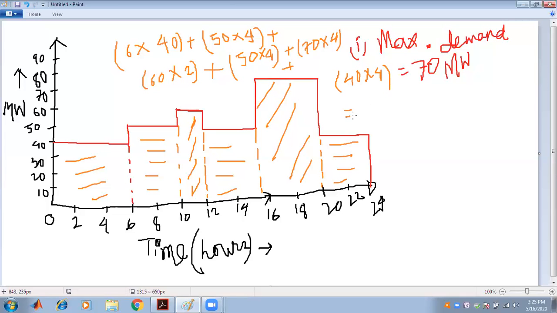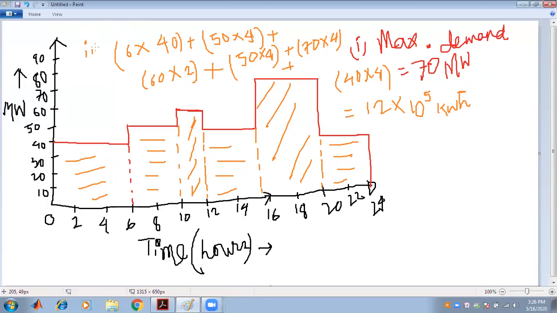So our total area is, if I take 10 to the power 3 as a common factor because it's megawatt, 12 into 10 to the power 5, converting megawatt into kilowatt. It is kilowatt hour. This is our energy consumed.